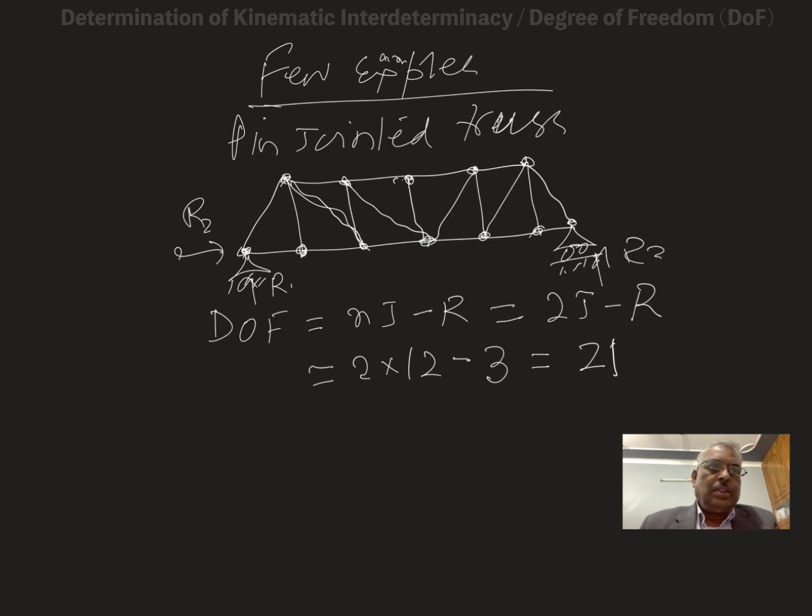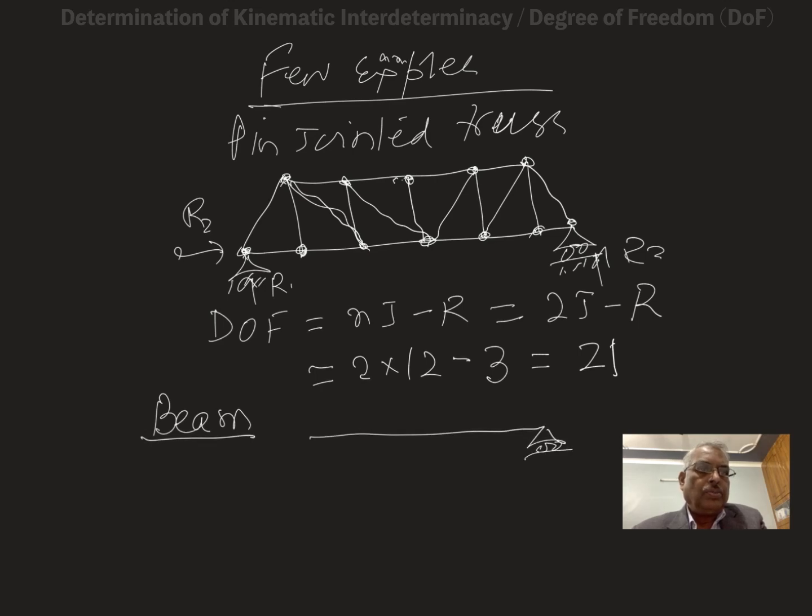Now let us take another example, a beam. Let us find out how much the degree of freedom is. Suppose this is one support, and there is one internal roller, and this end is simply supported.